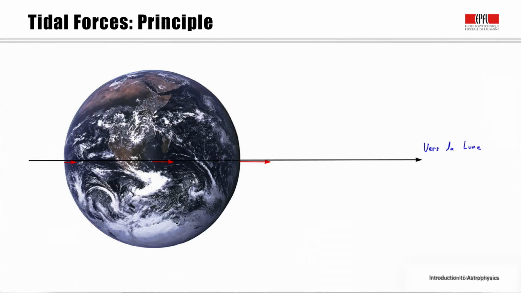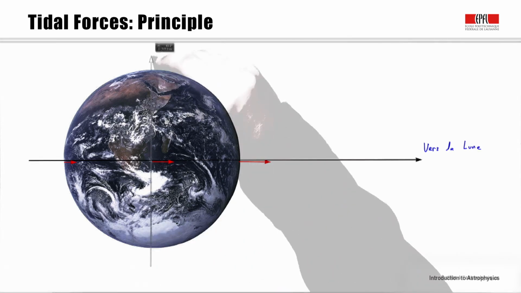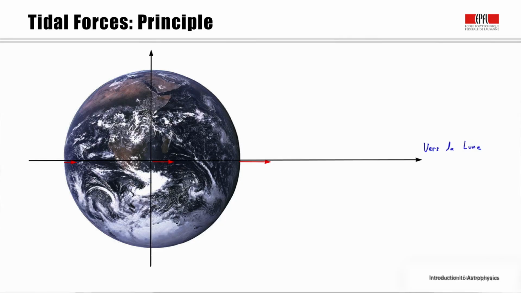Then, we are interested in the points lying on a line perpendicular to the Moon's orbital plane. A line like this. One can draw the gravitational forces at those points. The vectors are tilted in this way. Each arrow has several components.